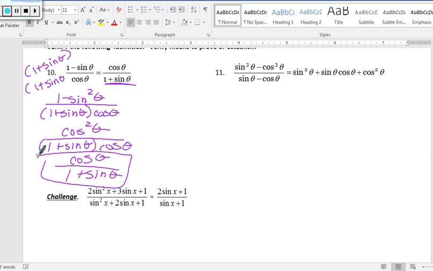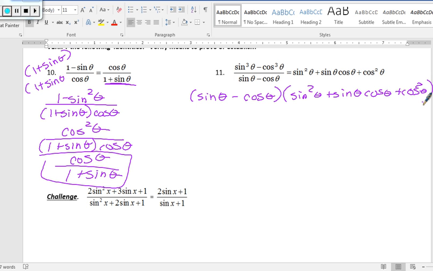It looks kind of complicated, but I think if we just take it one step at a time, we should be fine. This is a difference of 2 perfect cubes. That's that SOAP factoring. So this is going to factor into sine theta minus cosine theta, times sine squared theta, plus sine theta cosine theta, plus cosine squared theta.